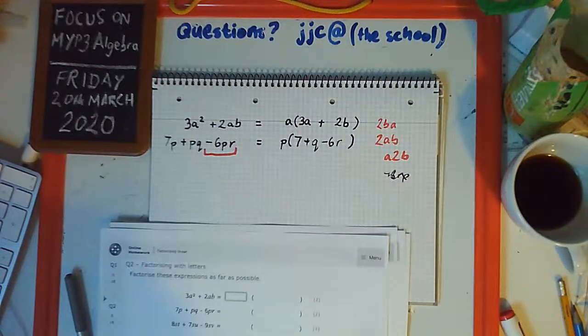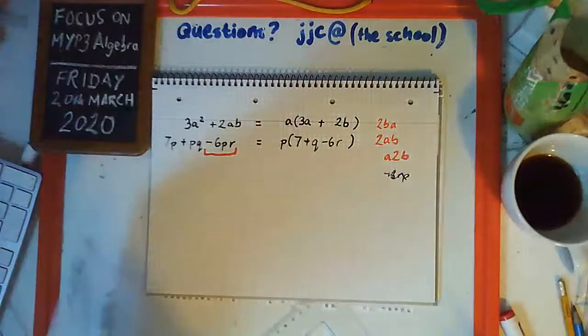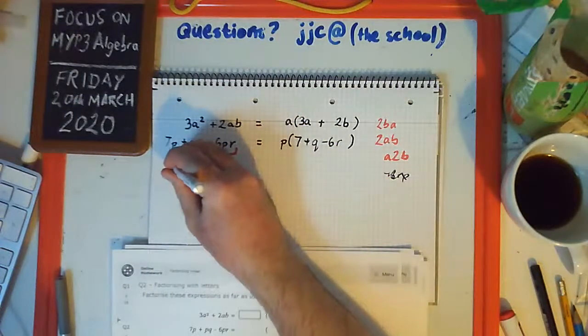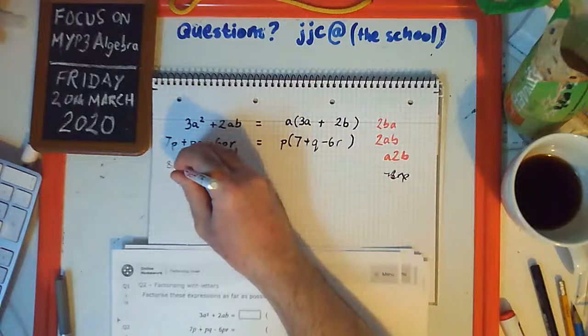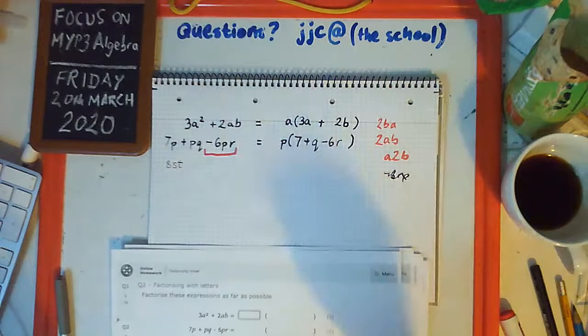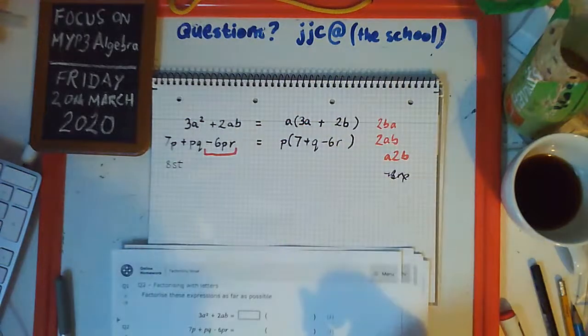I'm going to try with a different pen, I think. Okay, so 8ST, again trying to make my S not look like a 5. Can we see that? Just about.